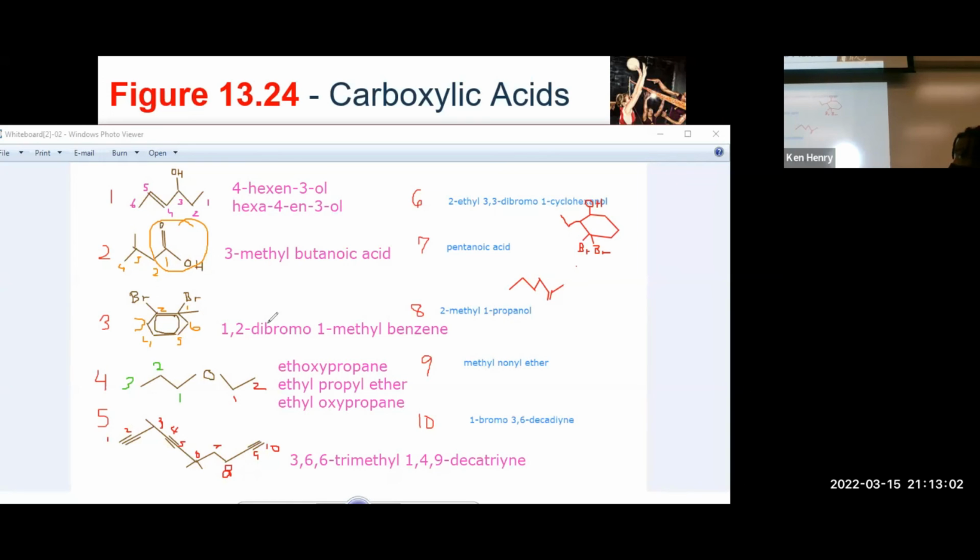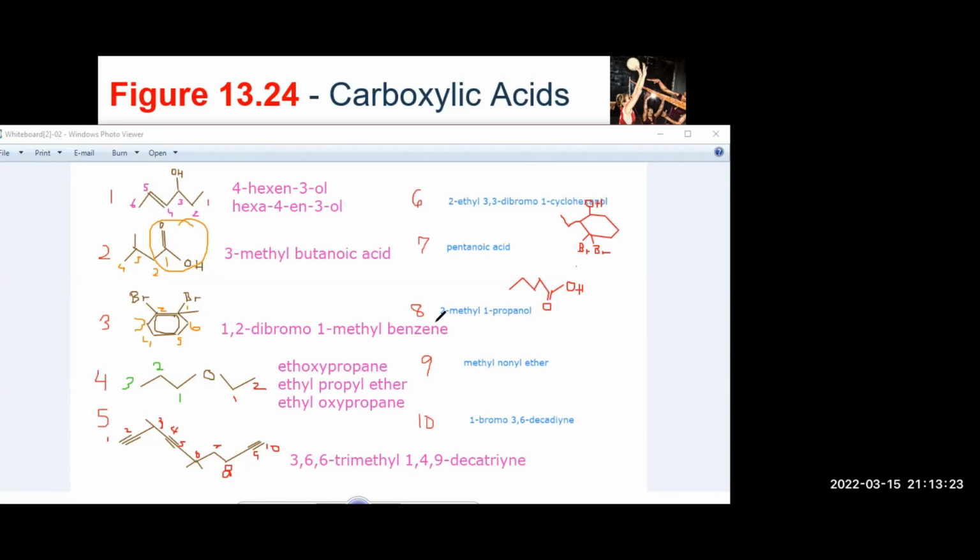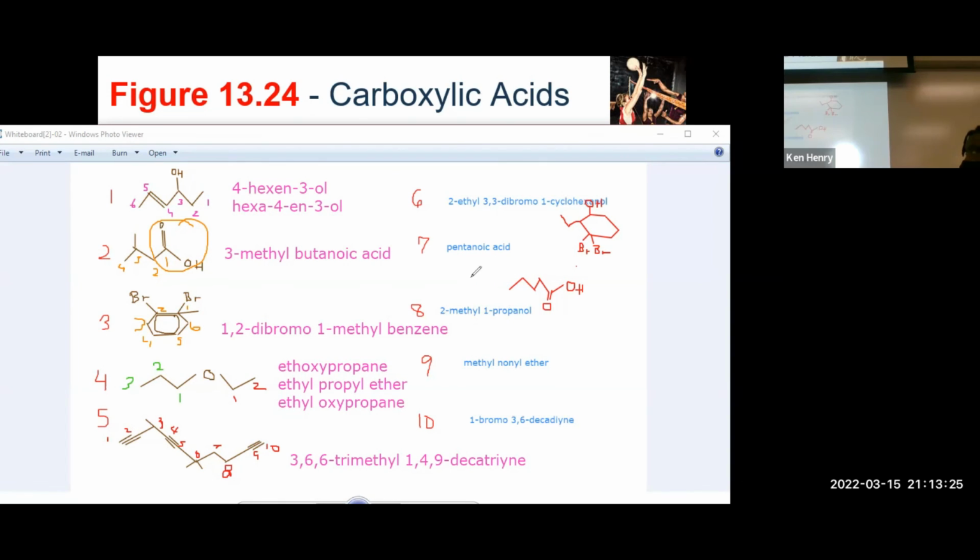So that's 1, 2, 3, 4, 5. Yeah, you could have started on this side with the OH, or you could add it on top, it's fine either way.